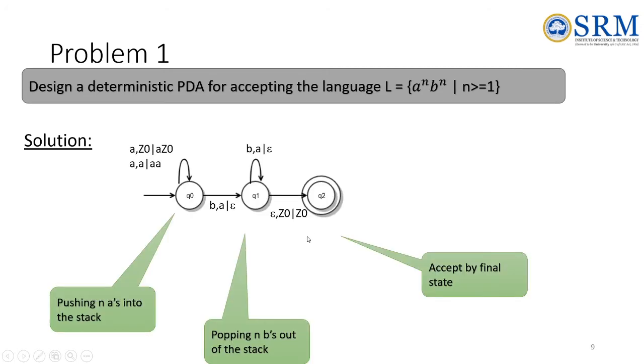There will be no input, and the bottom of the stack will be Z0. Either you keep the Z0 as such and go to the final state, or pop the Z0 and go to the final state, depending upon the problem. So this is for pushing N A's into the stack, this is for popping N B's out of the stack, and this is the acceptance by final state.